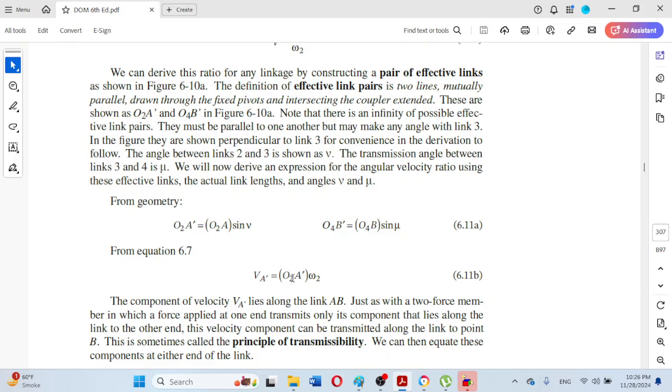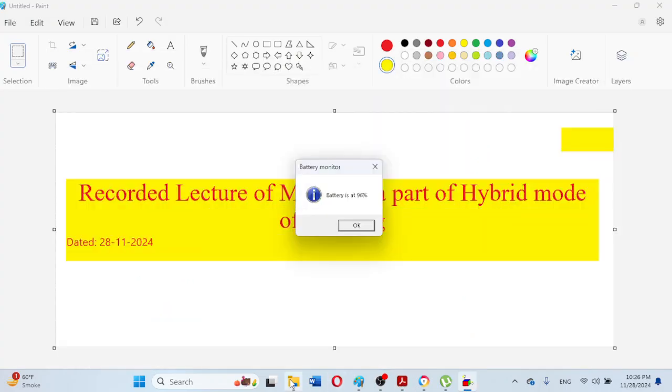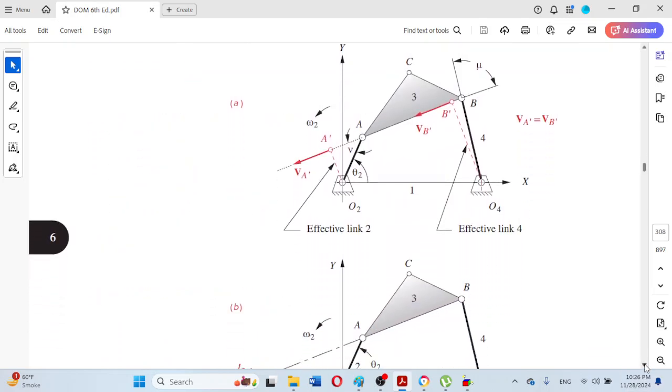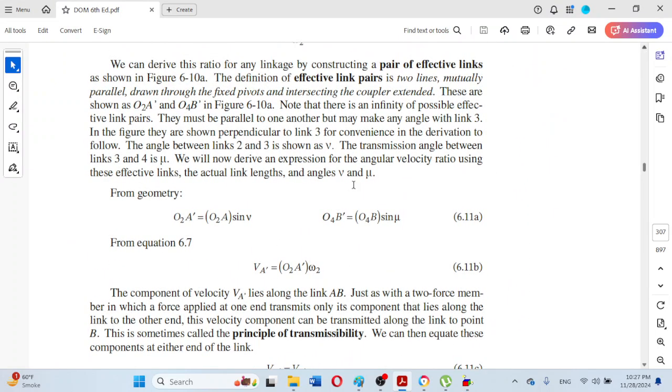So O2A dash is actually the R. So the velocity, when we multiply omega 2 with O2A dash, we will obtain VA dash, because the angular velocity for the physical link and the effective link is actually same.